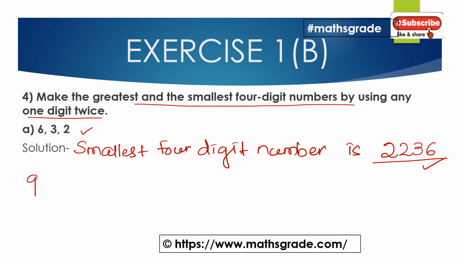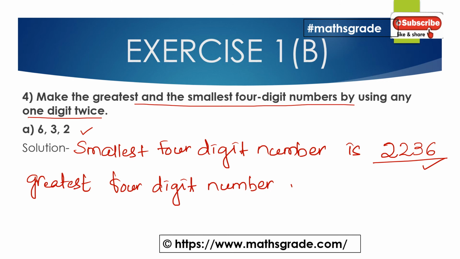Then the greatest 4-digit number: the greatest digit is 6.